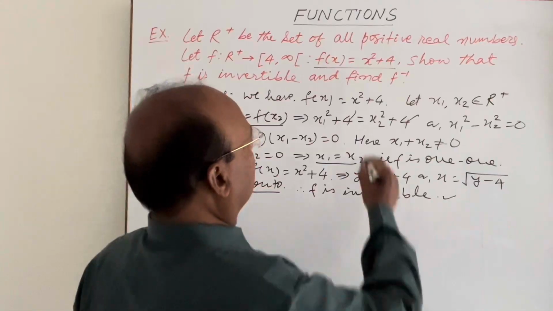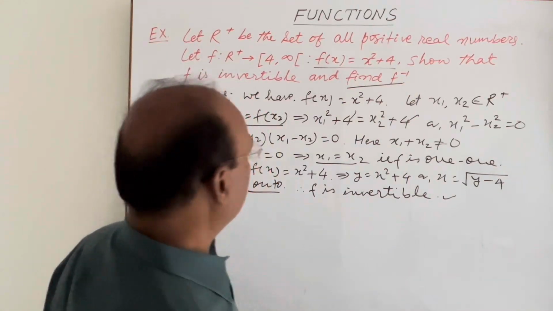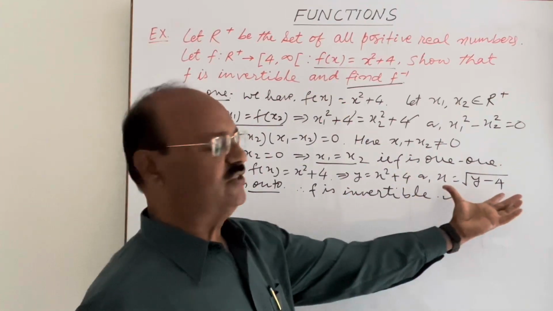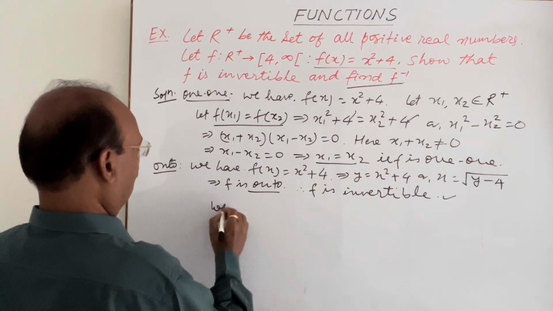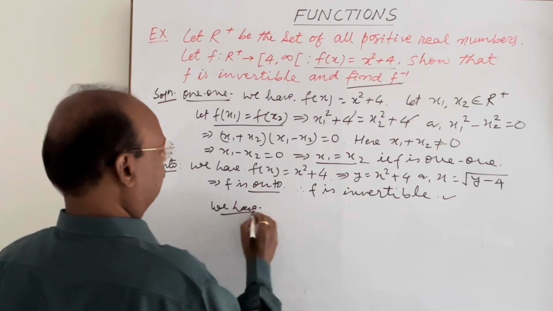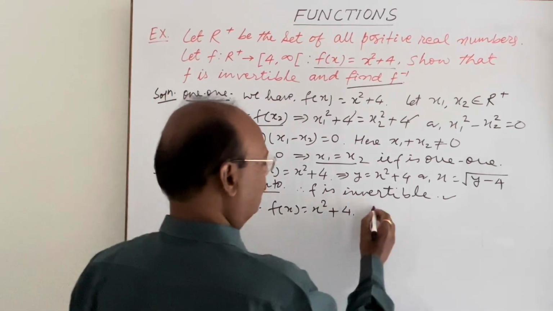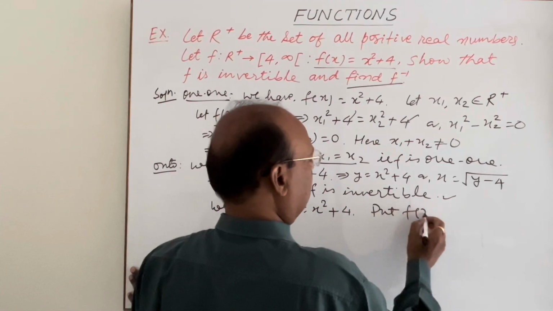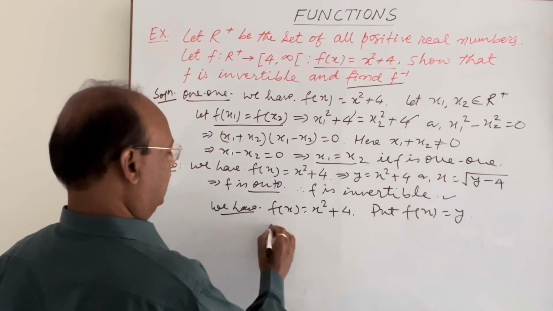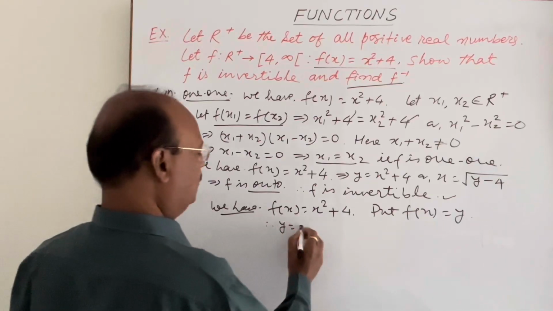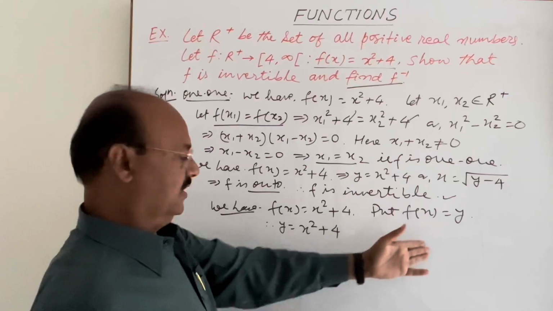Now next part, we have to find f inverse. We have f(x) is equal to x square plus 4. Let us put f(x) is equal to y. So therefore y is equal to x square plus 4. As we have written here, the same thing we will write again.